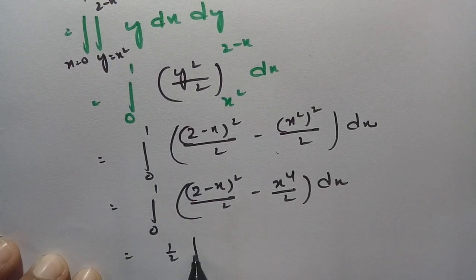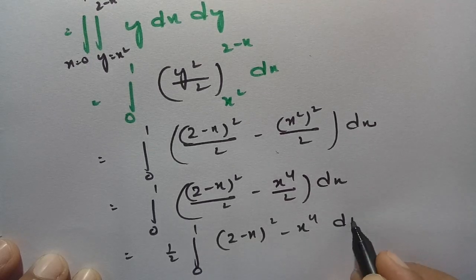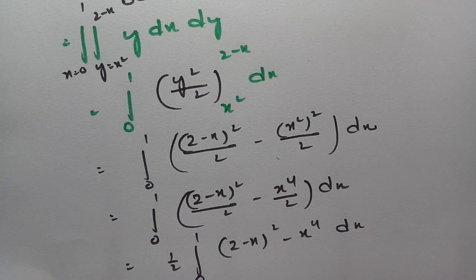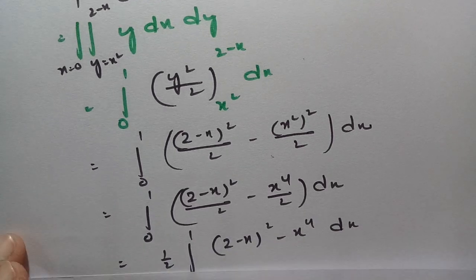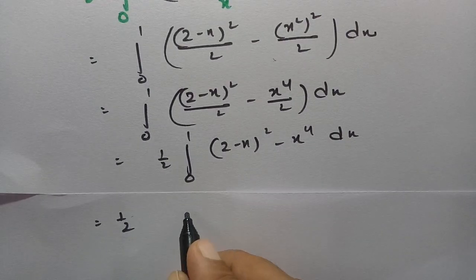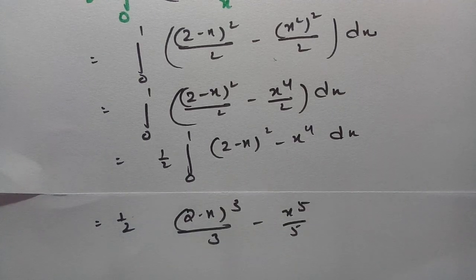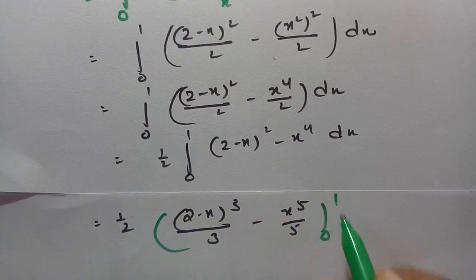If I take half common, 0 to 1, this is 2 minus x whole square minus x power 4 into dx. Now what is our integration for 2 minus x whole square? So this is half times of, now I have to integrate: this is 2 minus x whole cube by 3, and this is x power 5 by 5, between the limits 0 to 1.